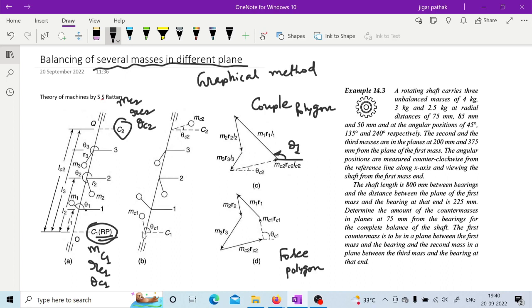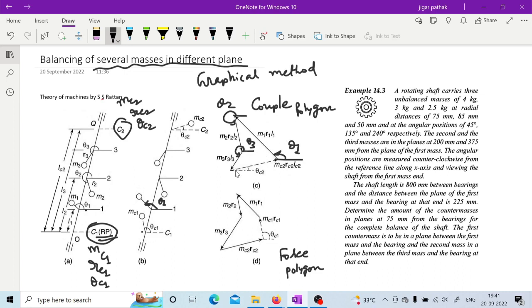You can see that here this theta 1, right. Similarly, then at angle theta 2, M2 R2 L2. Similarly, at angle theta 3, M3 R3 L3. So this is how you have the couple polygon, and you can see again the couple polygon is unclosed.